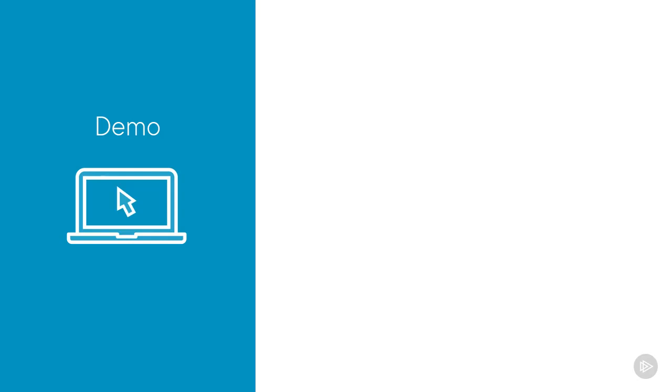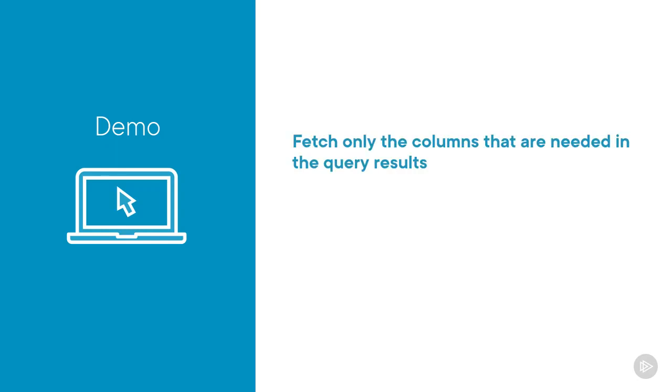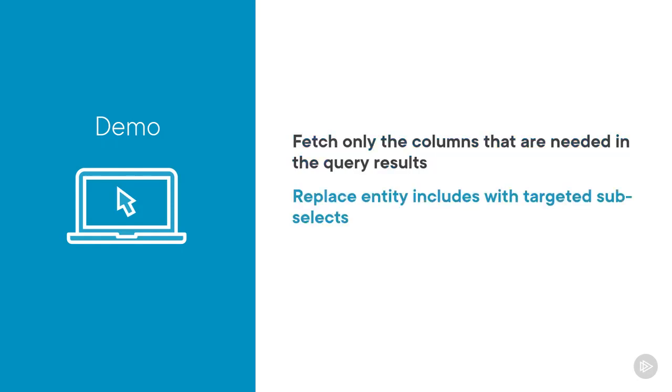These projections will fetch only the columns that are needed in the query results. And then, by employing nested queries, he will replace entity includes with targeted subselects. And finally, the query will transform the anonymous projections into the desired model in memory, allowing for the use of functions that cannot be implemented inside the database.